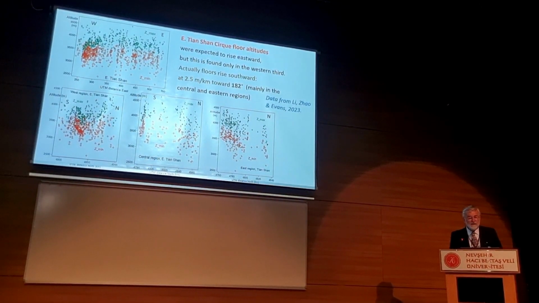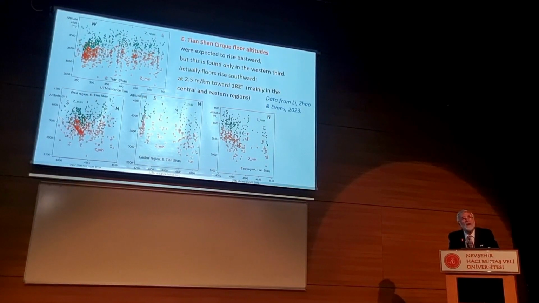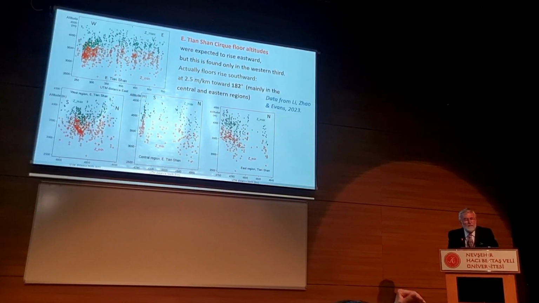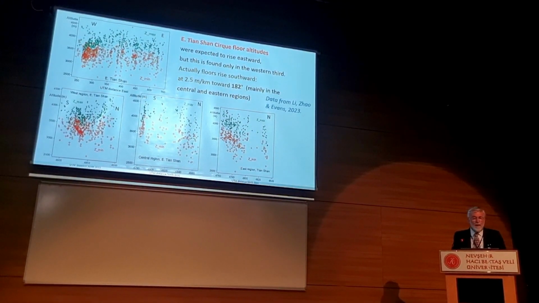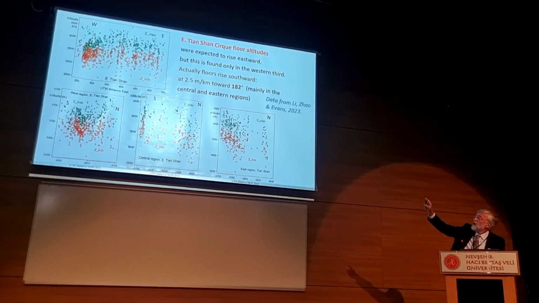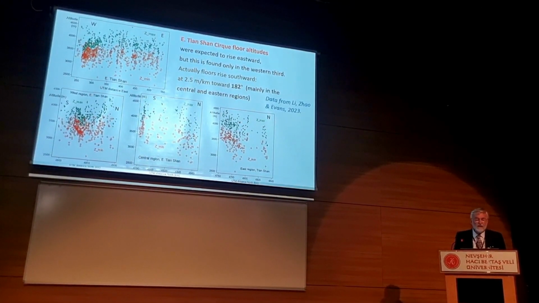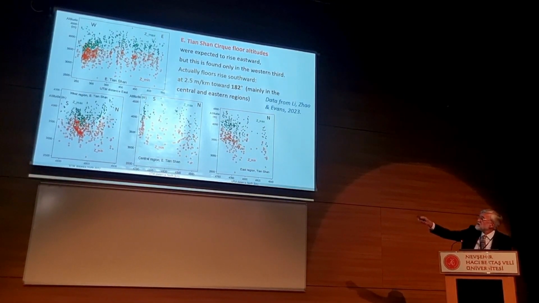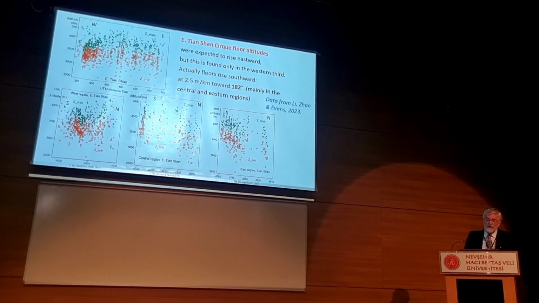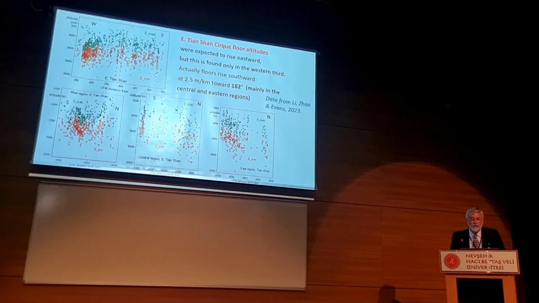Now, I expected the cirque floor altitudes to rise eastwards because I thought the precipitation comes mainly from the west in the northern Tian Shan. But this tendency is found only, if you look at the top left-hand diagram, in the western third of the study area. The larger tendency, as you can see in the bottom diagrams, especially the central and the east regions, is that the floors rise towards the south.